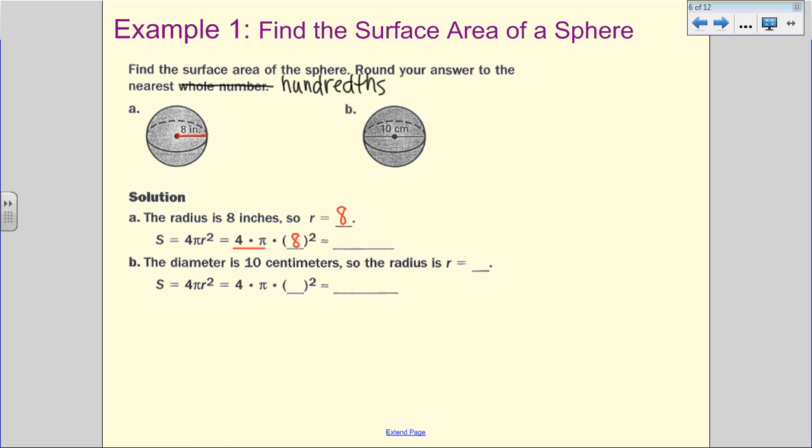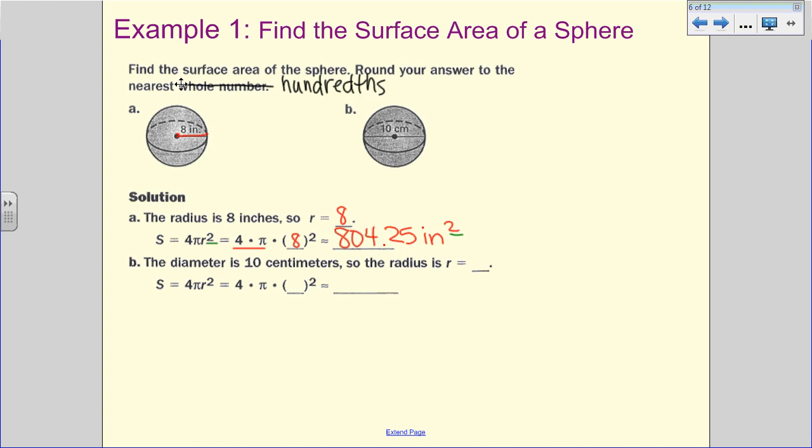And we get 804.25. We want to have a label on that. This is inches, and because it's area, it's inches squared. The nice thing about this is my label comes right from the formula. Inches squared, radius squared.